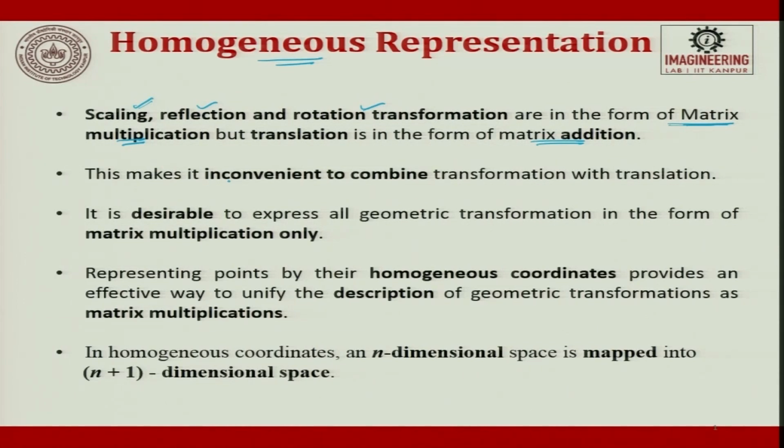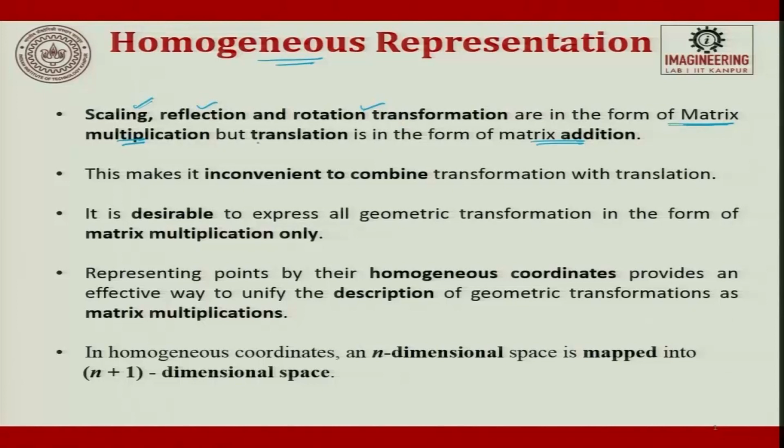It makes it inconvenient because many a times you will be doing step by step operations. When you do that in the next topic of discussion, concatenation, it becomes extremely difficult to solve mathematically. So this mix of multiplication and addition makes it inconvenient to combine transformations with translation.